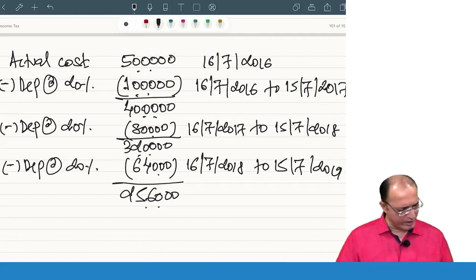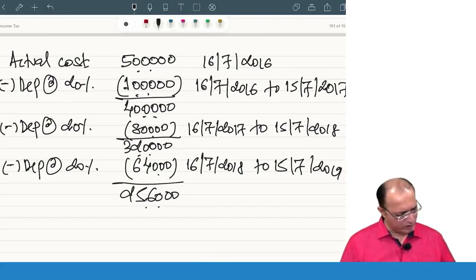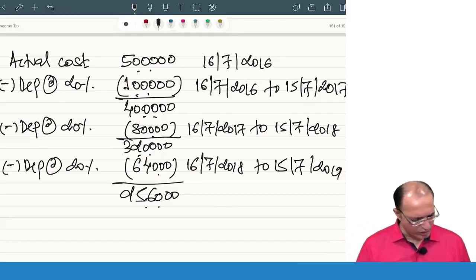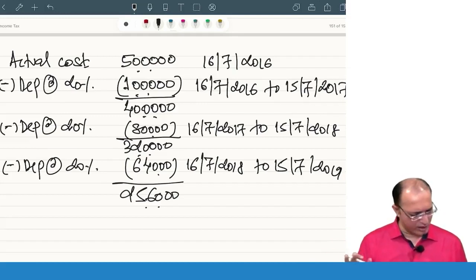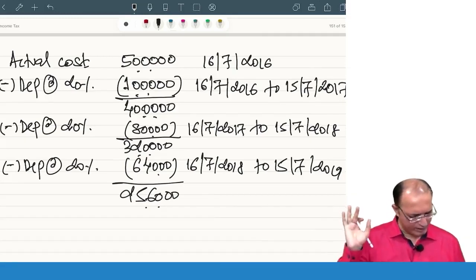So I can say that in a span of 1 year, 1 day is less. So we should not deduct depreciation because we are taking depreciation only for completed years. So we should ignore that. Fourth year, 11 months, 29 days should be ignored. Is that very clear?